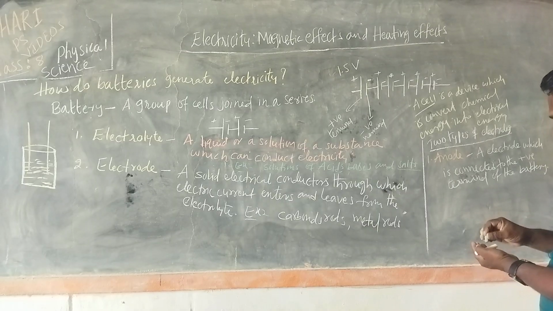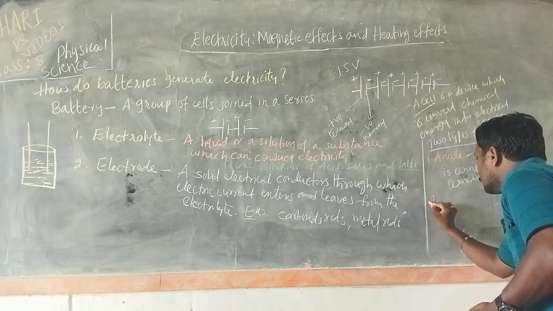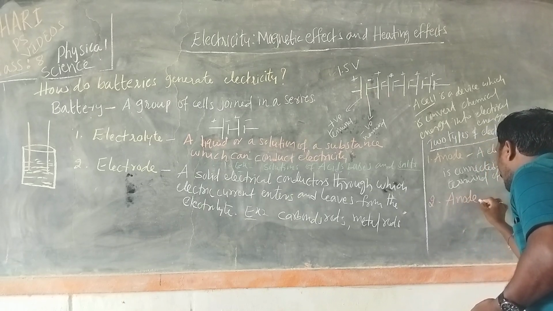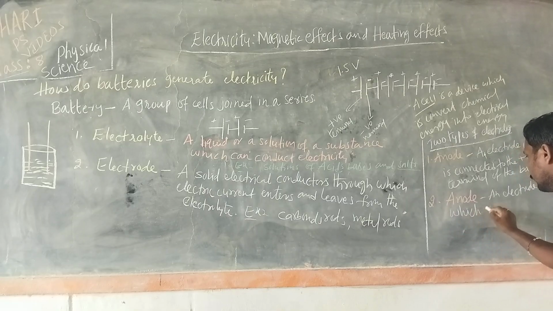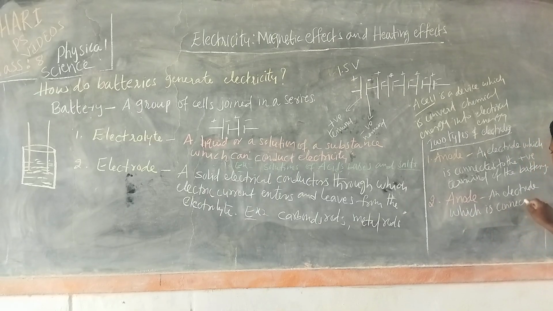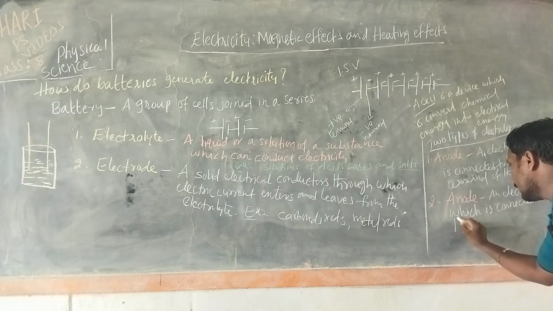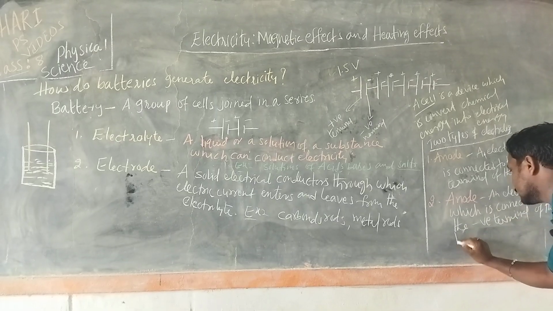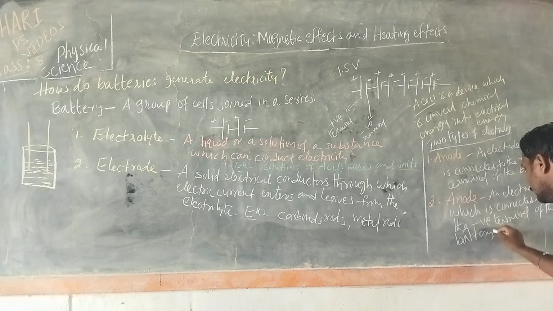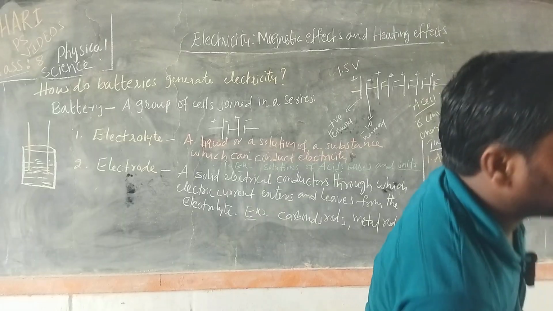Then the second one is cathode. An electrode which is connected to the negative terminal of the battery is called cathode.